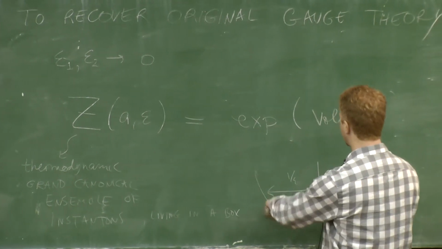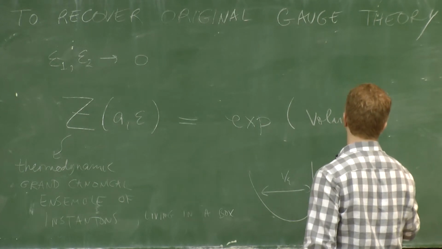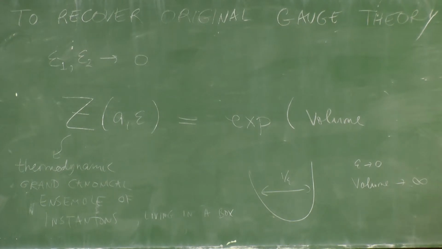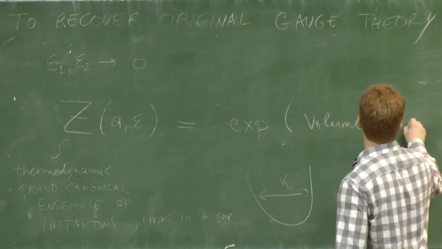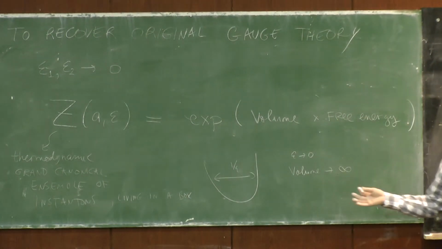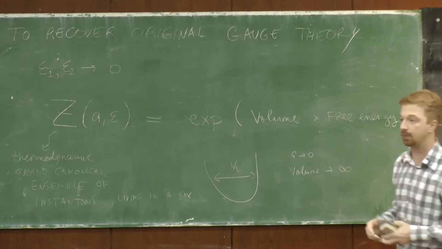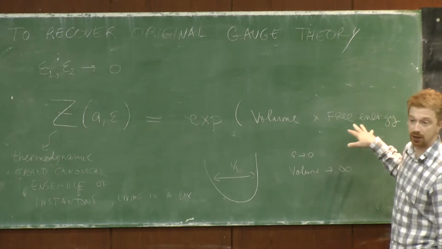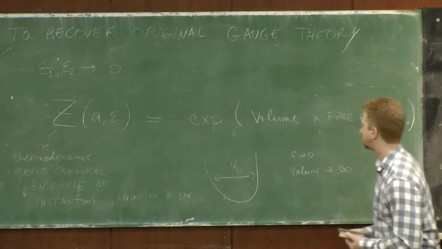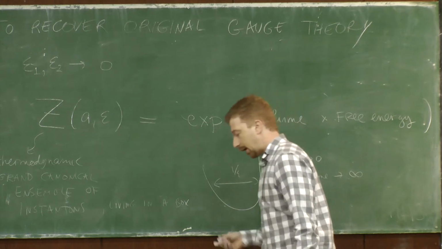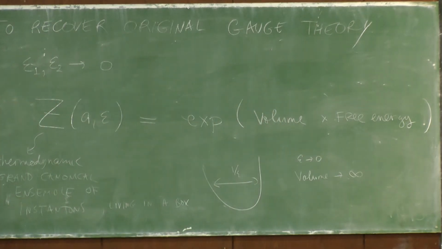So the limit when epsilon goes to 0 is like the limit when the volume goes to infinity. When the volume of a system goes to infinity, the partition functions typically behave in extensive fashion. And the interesting quantity is the free energy, so the free energy per unit volume. And now, there is a little subtlety here, namely, epsilon was of dimension of mass, so the volume naively would be of the order of 1 over epsilon to the 4th power.